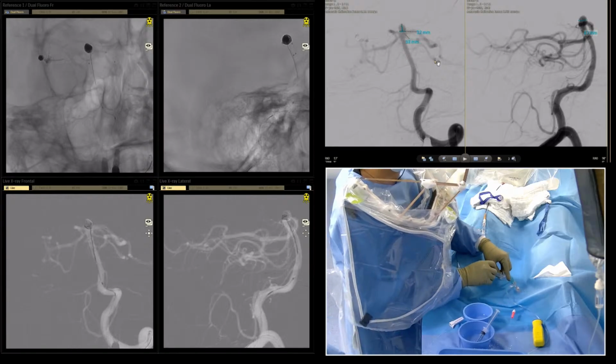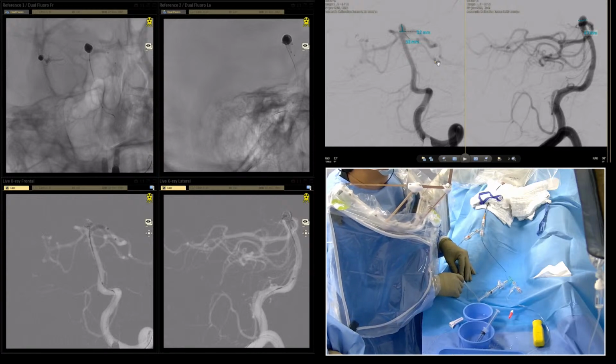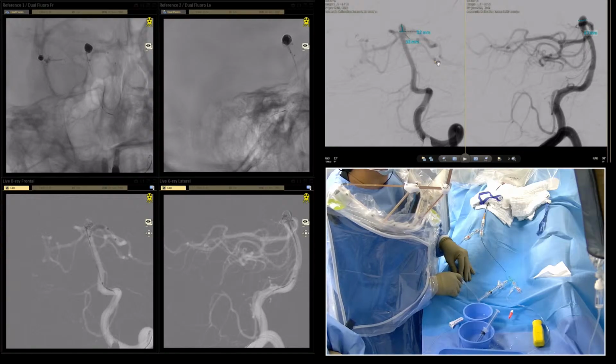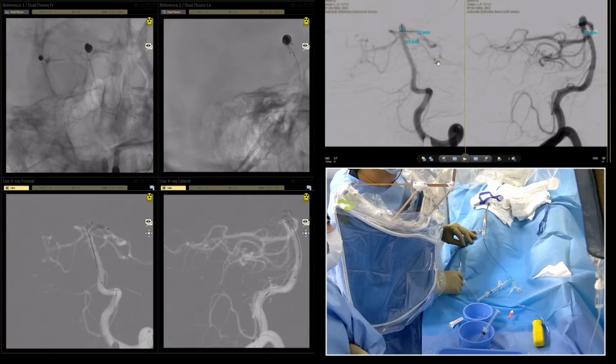Okay, now we need the remodeling. Yes, might be this coil is extra, no? Yes, it's extra coil.